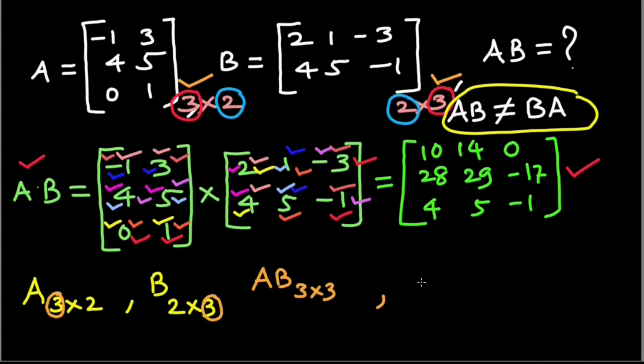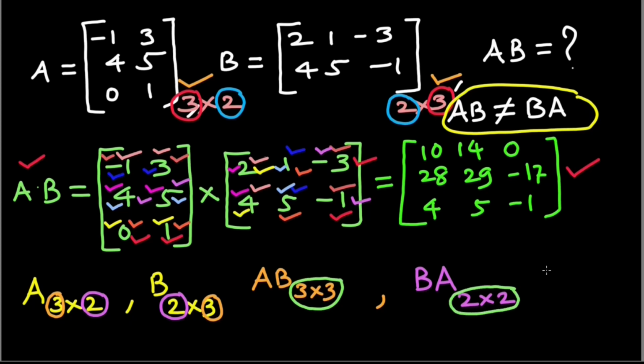In case of matrix multiplication BA, the order of BA will be 2 by 2. We have learned earlier that two matrices are equal if they have the same order. Since here matrix AB is of order 3 by 3 and matrix BA is of order 2 by 2, matrix multiplication AB will not be equal to matrix multiplication BA.